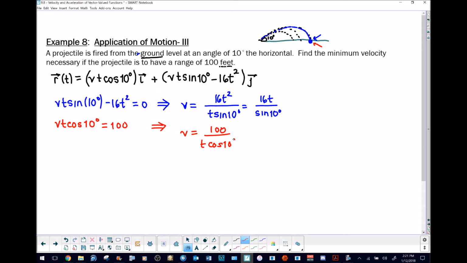All right, so what do we do next? Well, we have a pair of equations that are both set equal to v. So why not we set those two expressions equivalent to each other? 16t over sine of 10 degrees set equal to 100 over t cosine of 10 degrees.